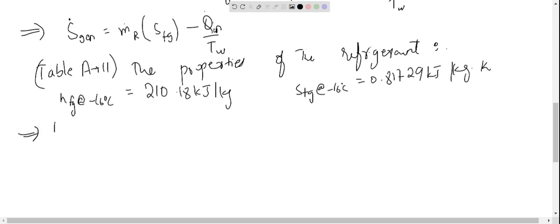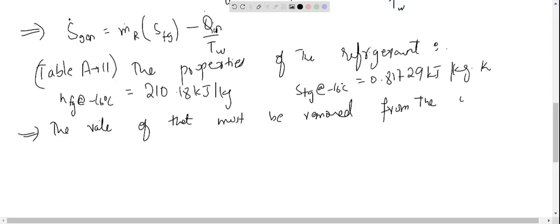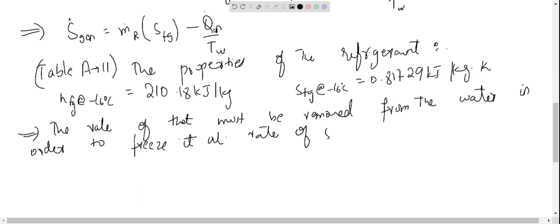Now the rate of heat that must be removed from the water in order to freeze it at the rate of 5500 kg per hour, as this condition is given, we discussed earlier.